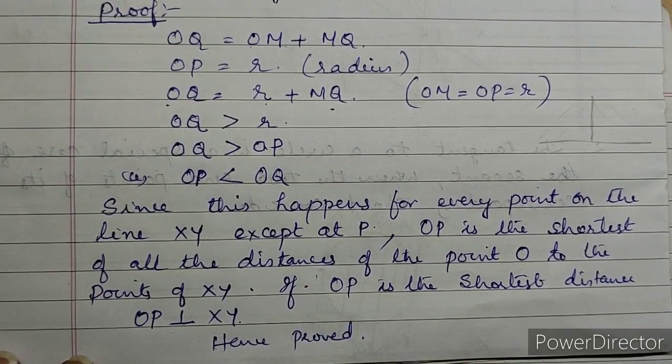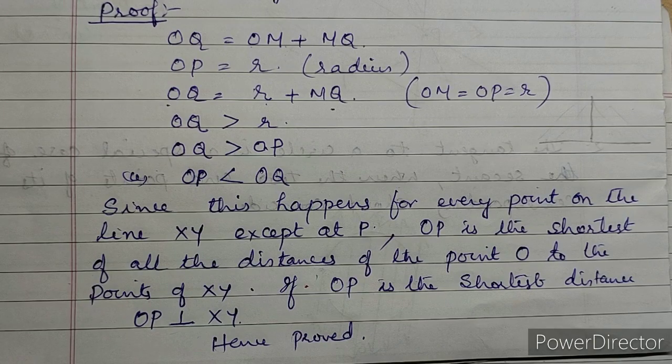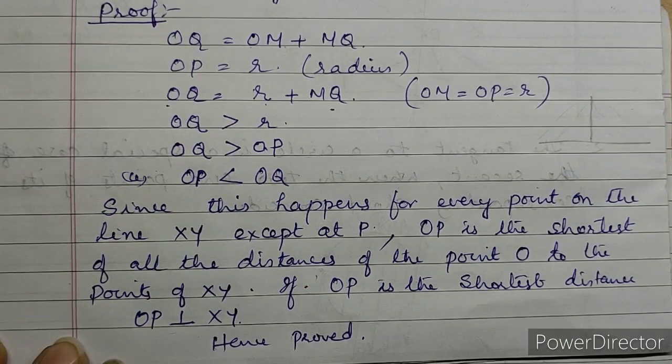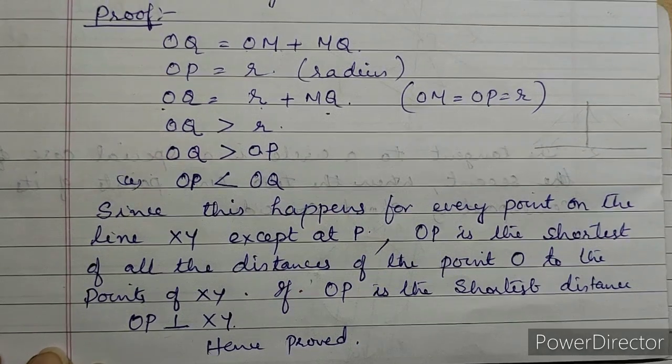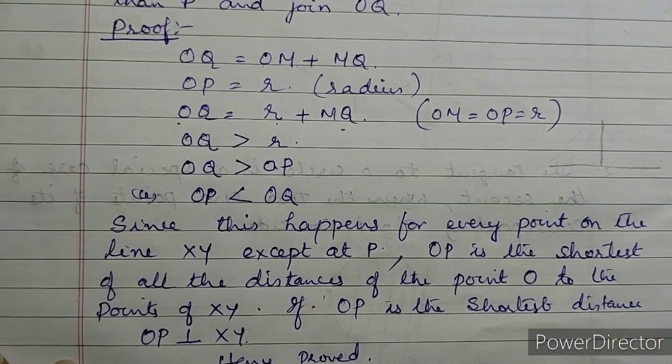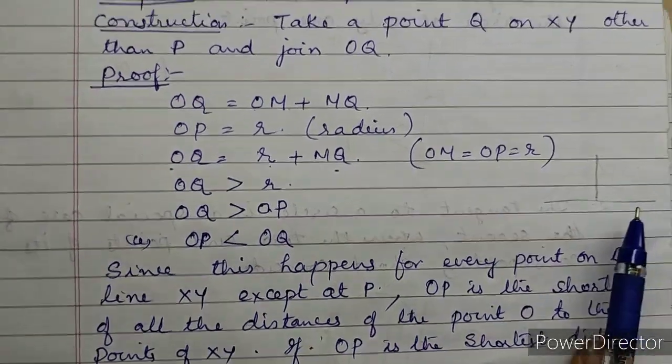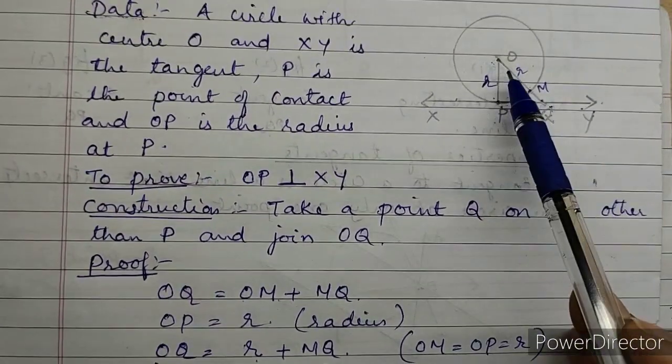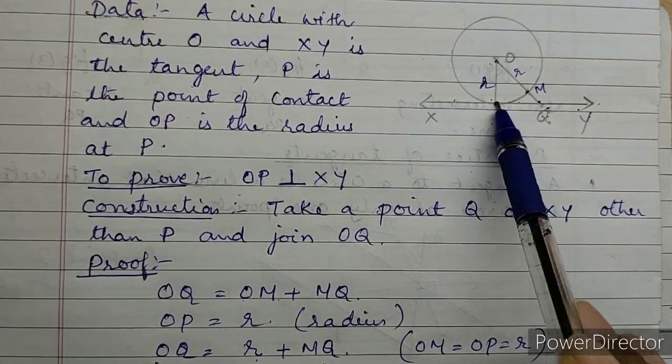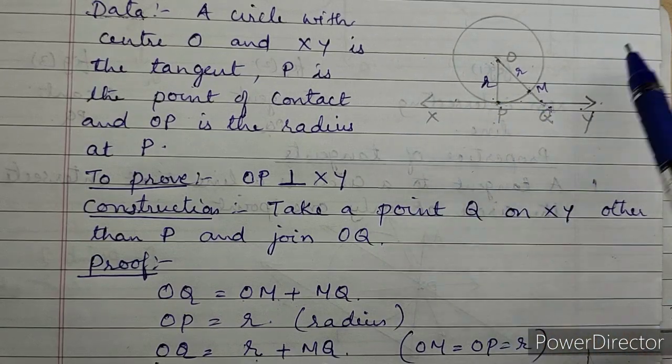It's a small theorem only, but it's a very important theorem. This theorem you have to learn. By this theorem, we can also conclude that at any point on a circle, there can be only one and only one tangent. That we have already learned in the property. The same property here also you can prove by this. There is only one and only one tangent at P. Any other line if you draw also it will become secant.